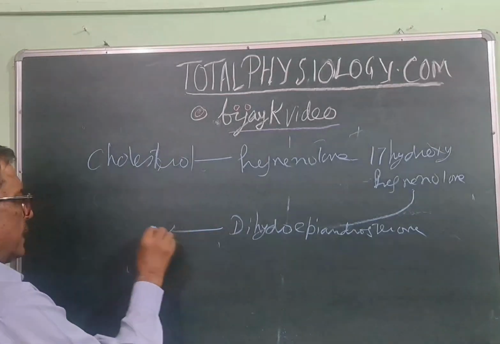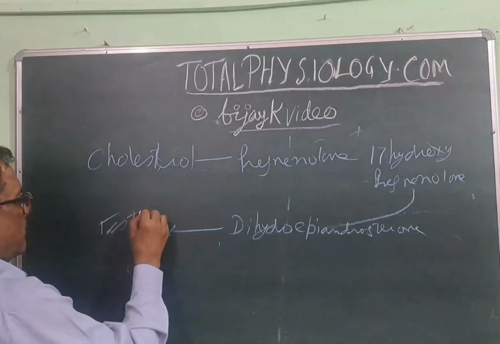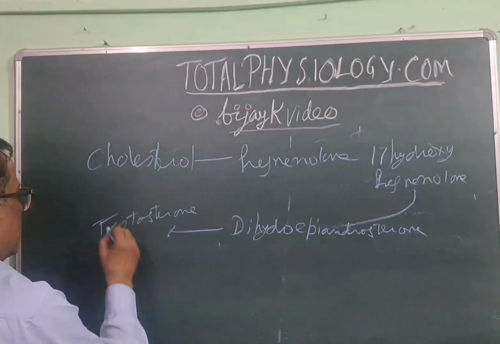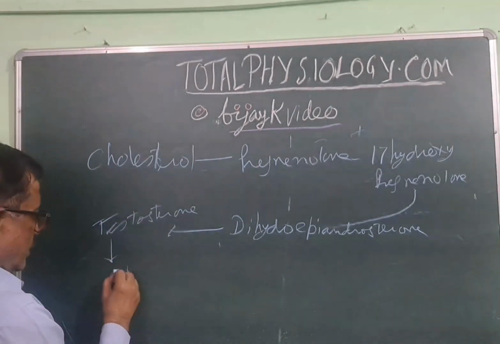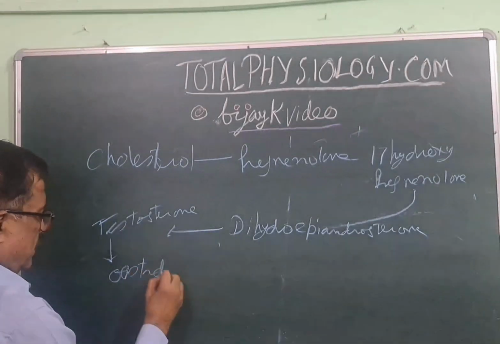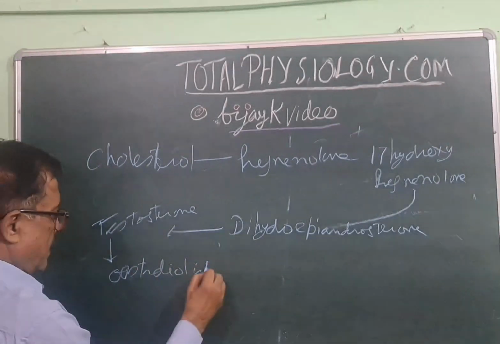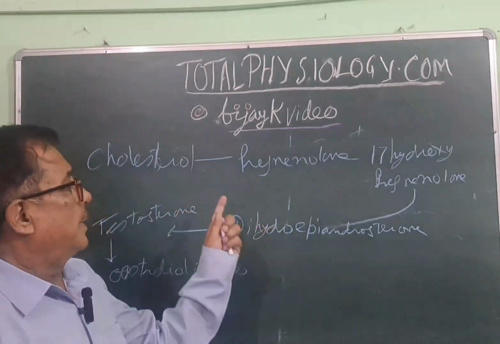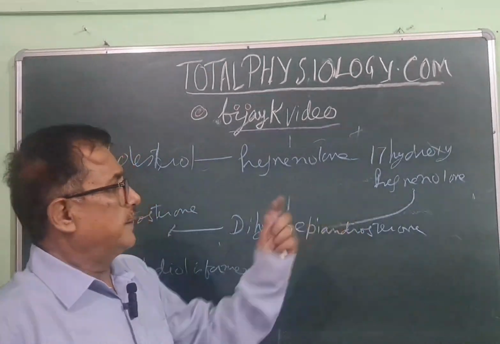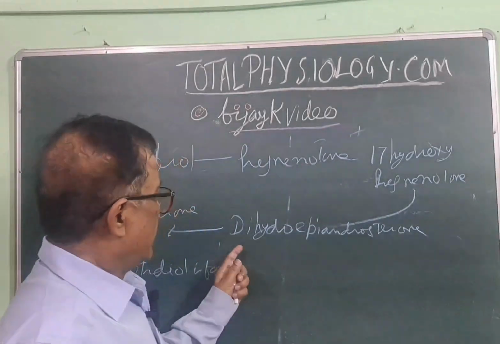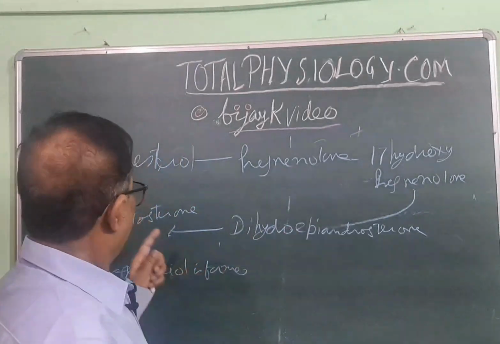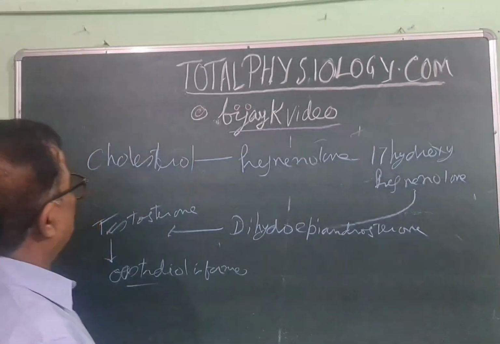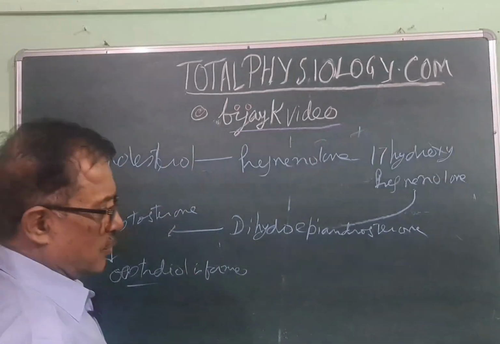This is converted into testosterone, and then estradiol is formed. So from cholesterol to pregnenolone, 17-hydroxypregnenolone, then dehydroepiandrosterone, testosterone and finally estradiol. This is the biosynthesis of estrogen.